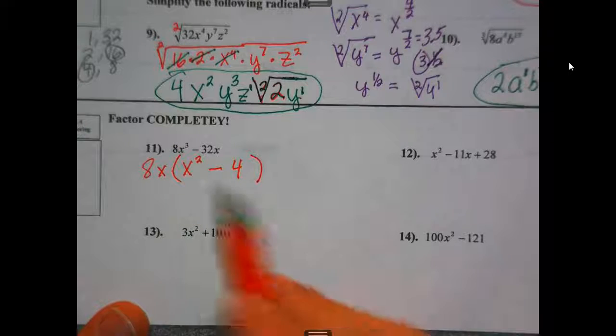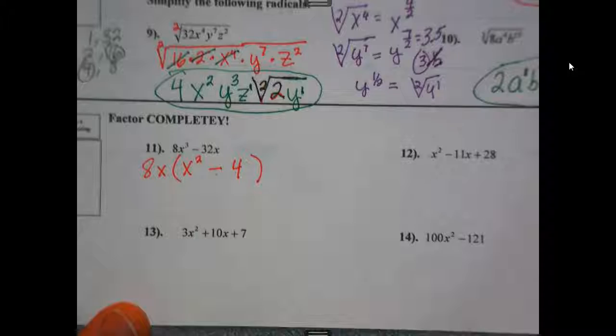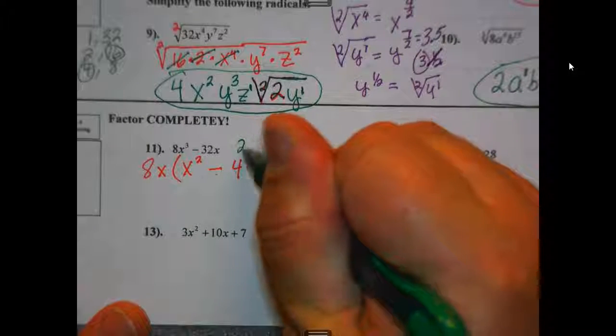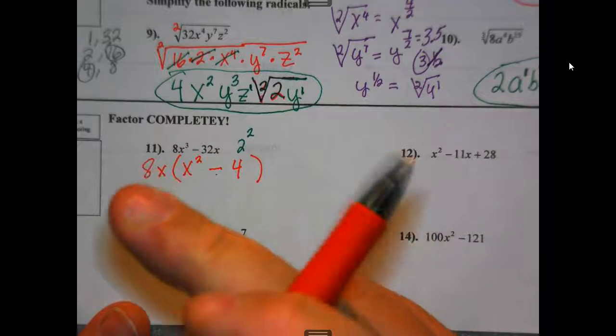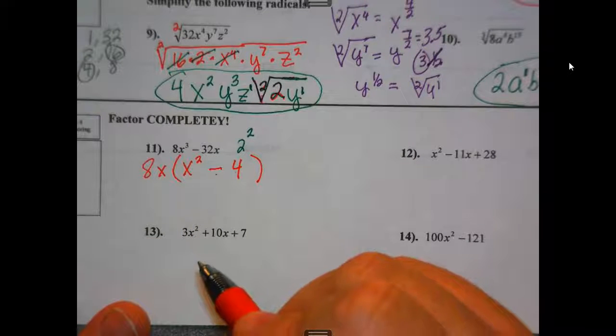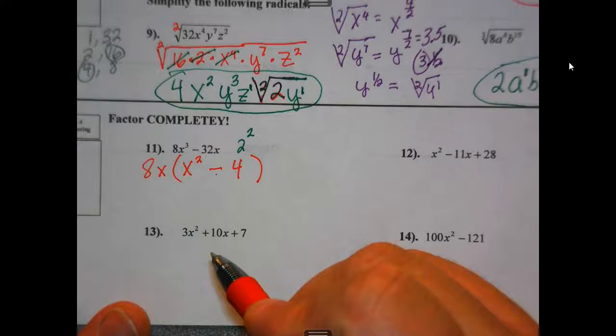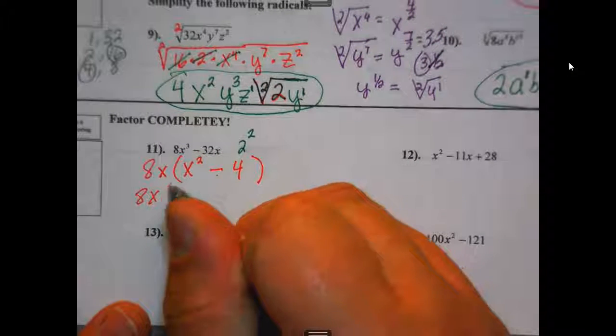No, because I have a difference of squares here, don't I? How do I write 4 as a power of 2? 2 squared. I have my 8x.